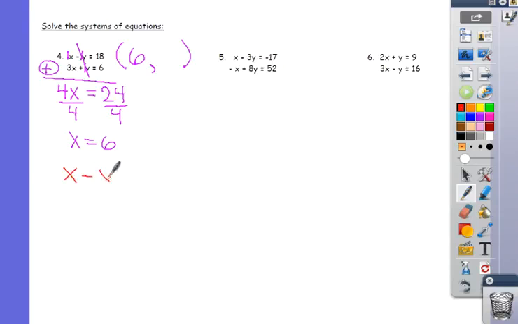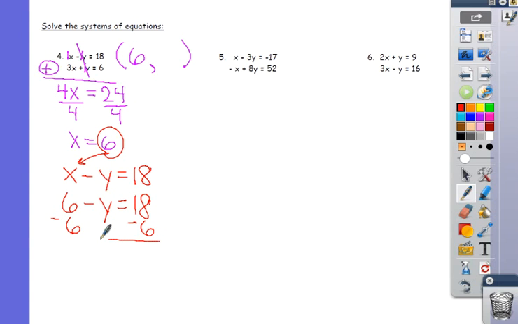I'm going to write down x minus y equals 18, and I'm going to substitute my 6 in here for x. So I'm going to have 6 minus y equals 18. I'm going to solve this for y. This is a positive 6, so I'm going to subtract 6 on both sides of my equal sign. I'm going to bring down my negative y equals, and 18 minus 6 is 12.